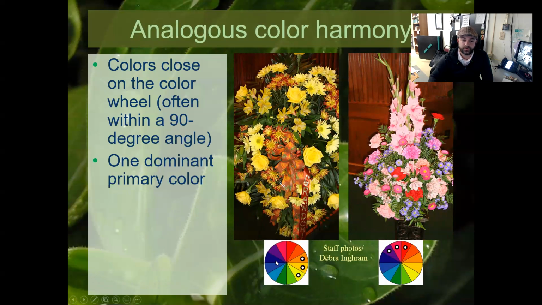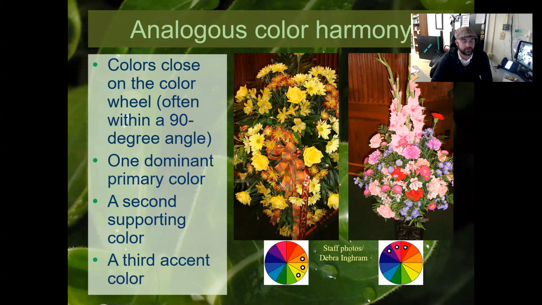You're not going to see any dark blue hues. Just as if you had a dark blue hue you were using, you wouldn't really see any orange or yellow in that. So one dominant primary color, a second supporting color, and a third accent color. So typically, if you're using orange, you're going to see a yellow orange, and then yellow in that.